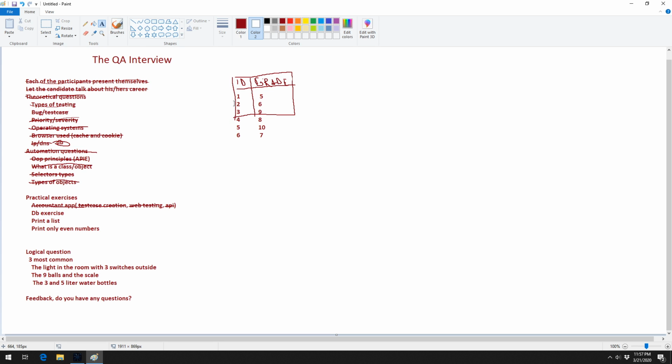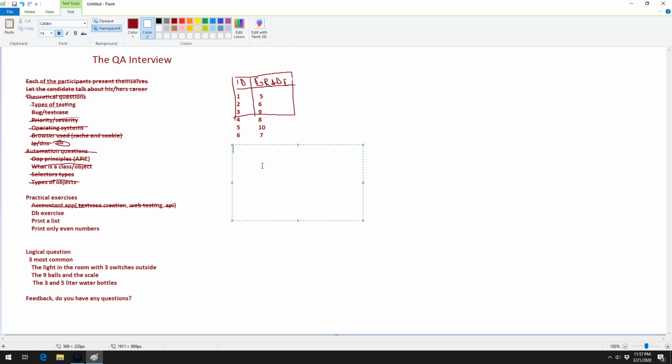This is one of the tables that contains ID and grade, and the second table, I'm gonna make it bigger so you'll understand in a few seconds. We're gonna have ID, name, then surname and subject. Let me just arrange this so it's better visible when I draw the table.